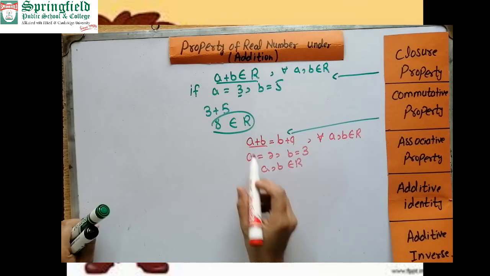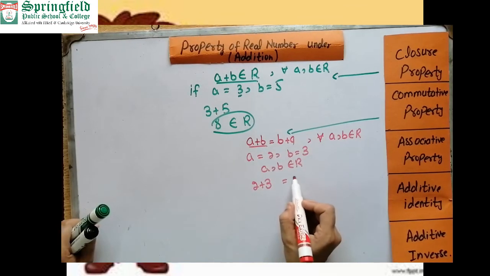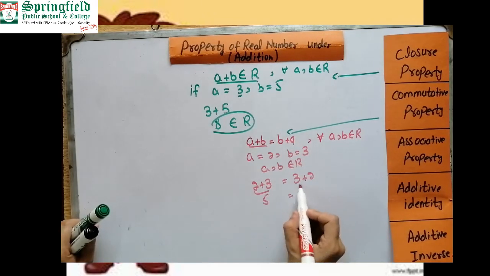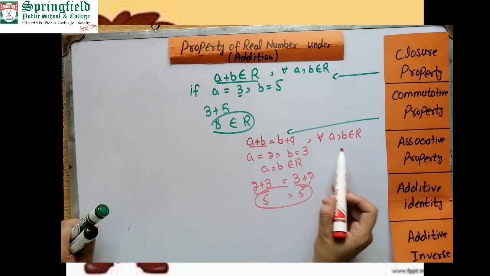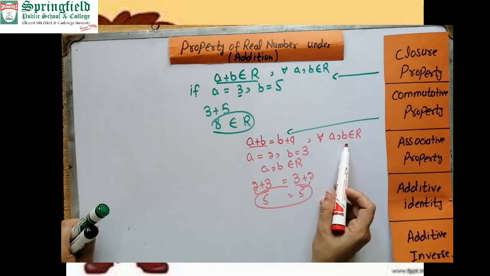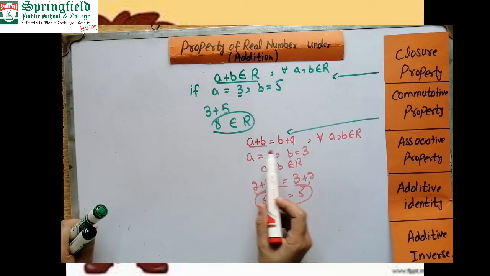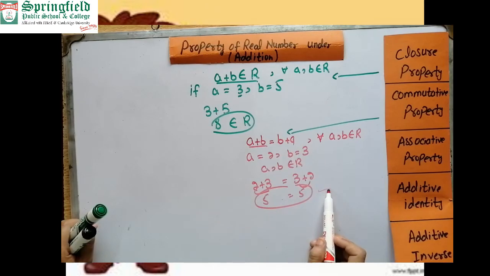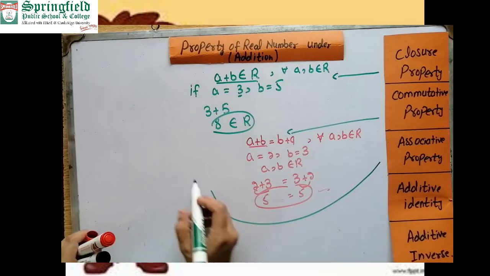Then A plus B, 2 plus 3, is equal to 3 plus 2. 2 plus 3 is 5, 3 plus 2 is 5. So 5 is equal to 5. It means when A and B are both real numbers, A plus B must be equal to B plus A. Understood, beta? This was your second property.